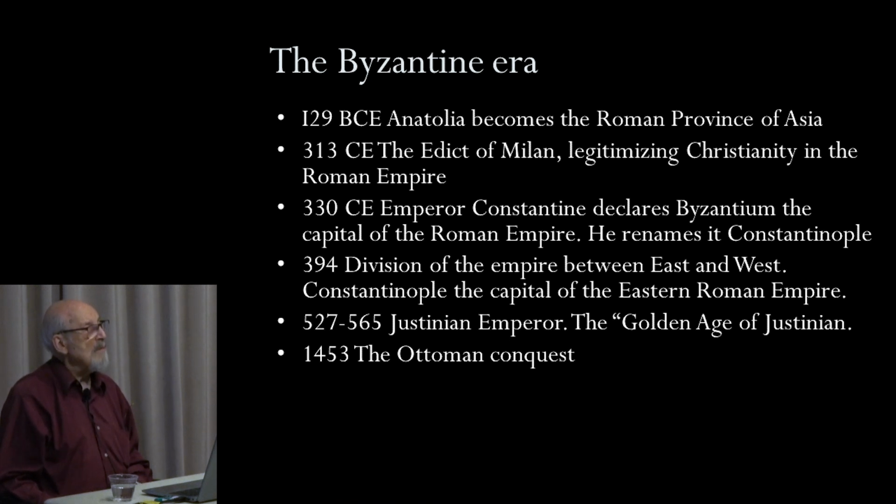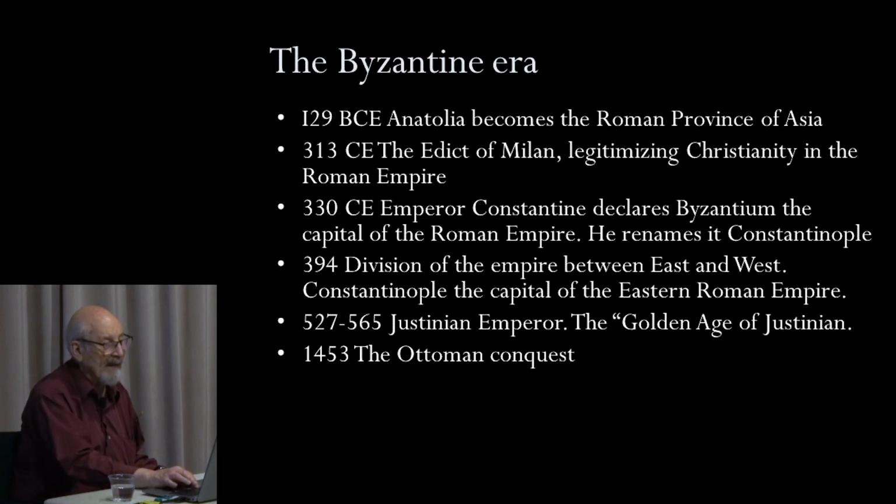Rome was a mess. Can you imagine Rome after it existed for centuries and centuries, full of disorder, riots and so on? And here was this beautiful place that he declared to be his new capital. Then the empire divided between east and west.